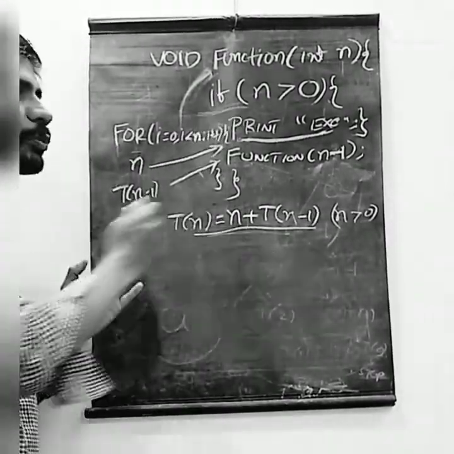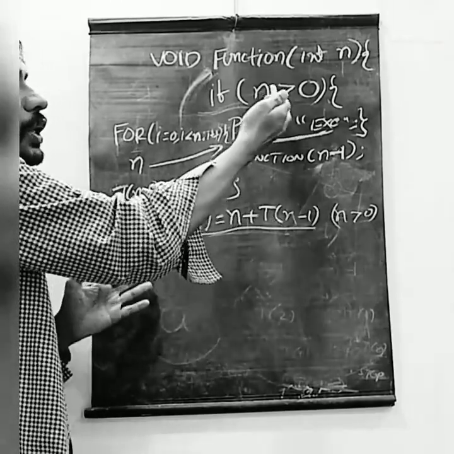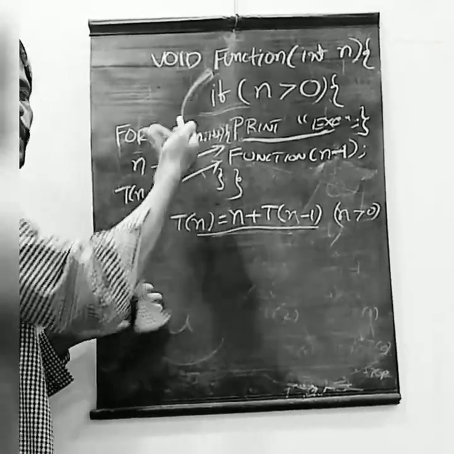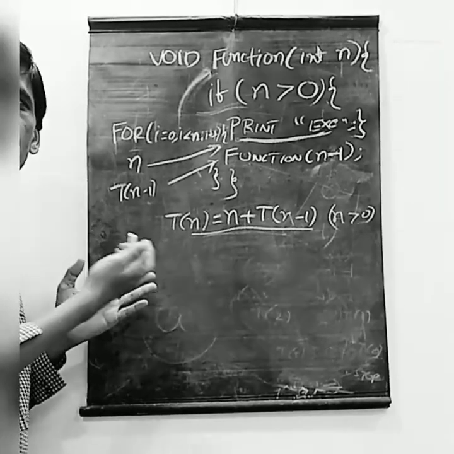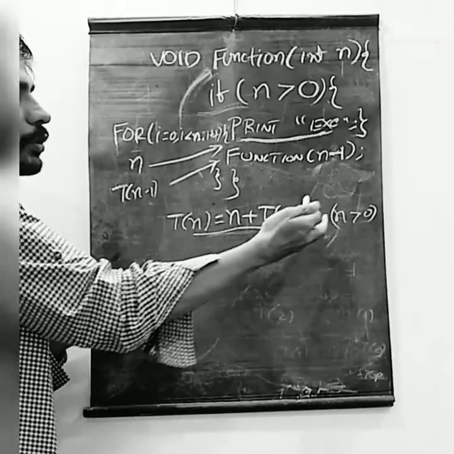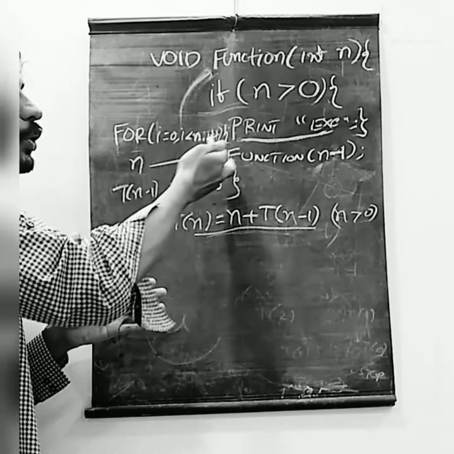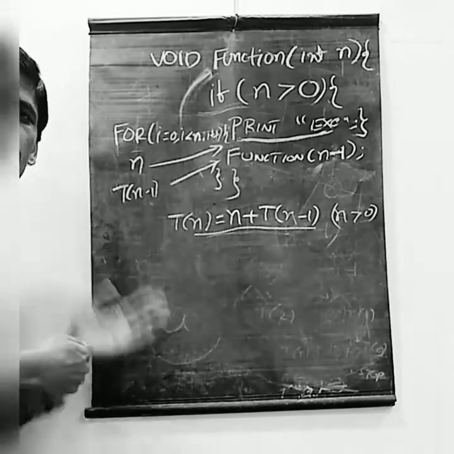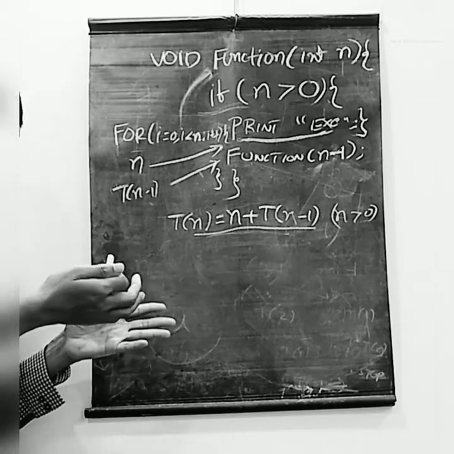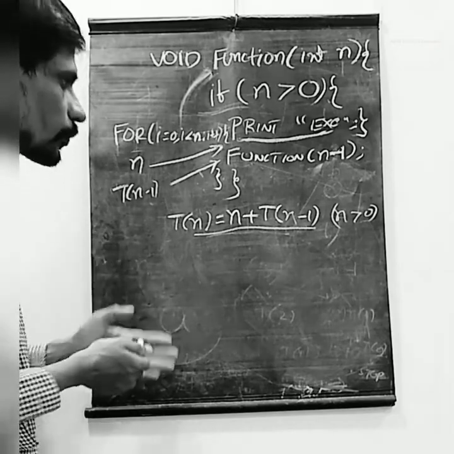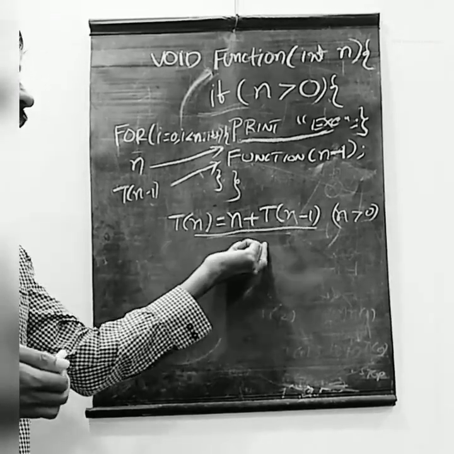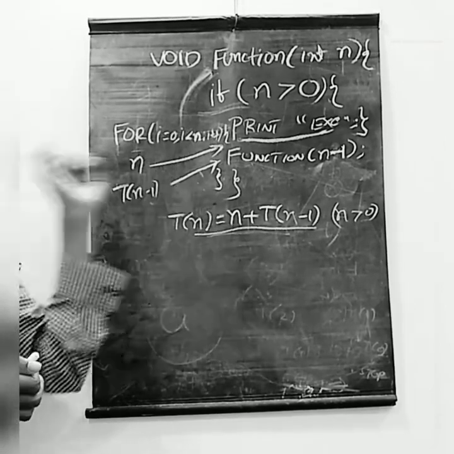The same condition applies. If my n is 0, then this for loop and the recursive function won't be called. If my n is greater than 0, then only these two statements, the for loop and the recursive call, will run multiple times. Okay. So now this is my recurrence relation for this program.